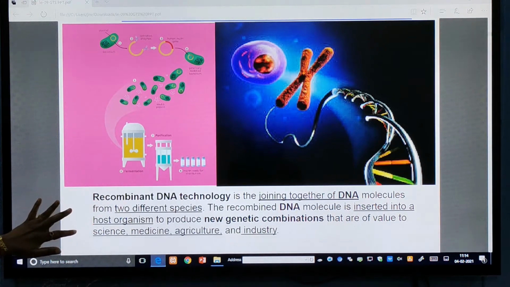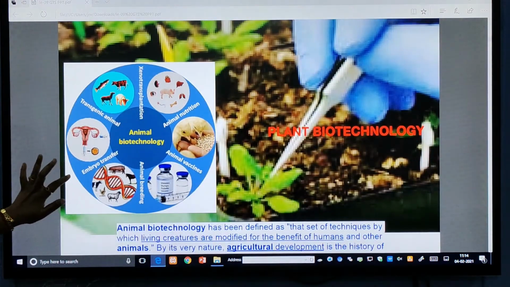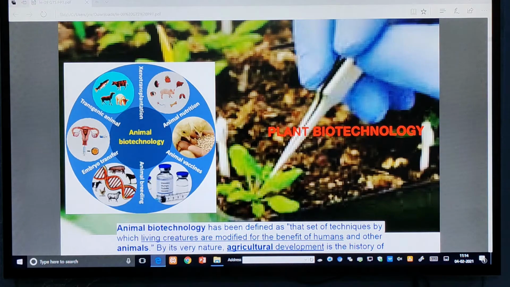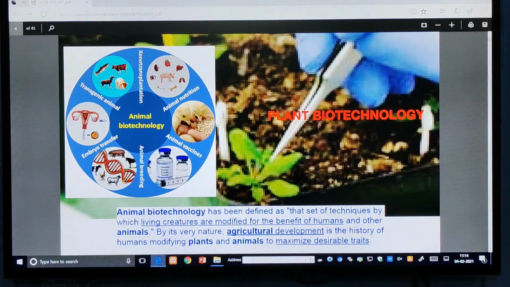So, the basic steps you should have an awareness of, and apart from that, you should have a knowledge about animal biotechnology and plant biotechnology also. What is animal biotechnology? It is a set of techniques by which living creatures are modified for the benefit of human beings, and for other animals also.